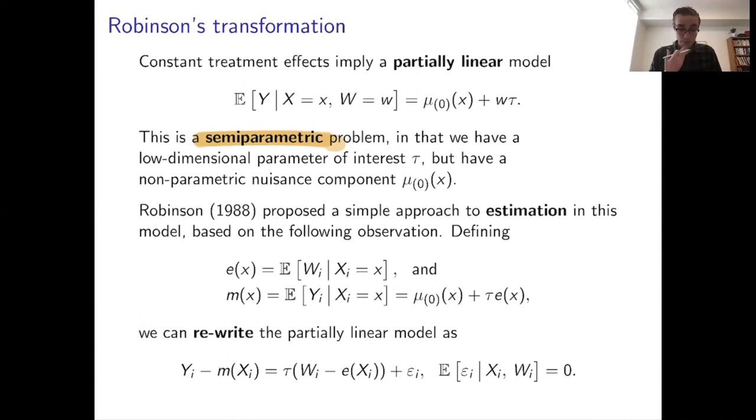So how are we going to estimate tau? Any semi-parametric problem, because it has this non-parametric component, requires a little care in approaching estimation. But here, it turns out there's a very nice solution that starts from what's called Robinson's transformation, introduced in this paper.